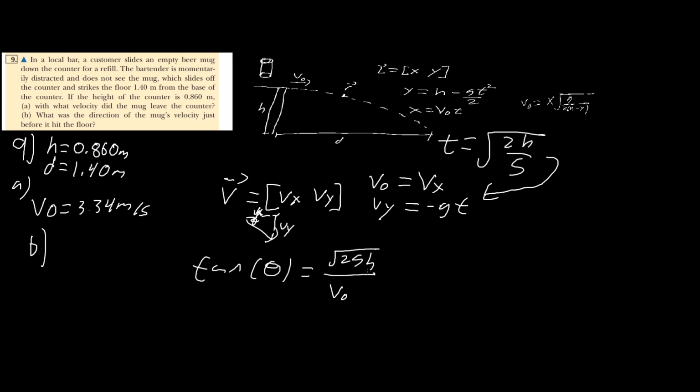Okay, so we're going to take tan inverse of that, and the angle that I got for the final component of that velocity, presuming we're going to call this downward, is going to be 24.6 degrees. And I think that's the answer for that. I'm not sure though.